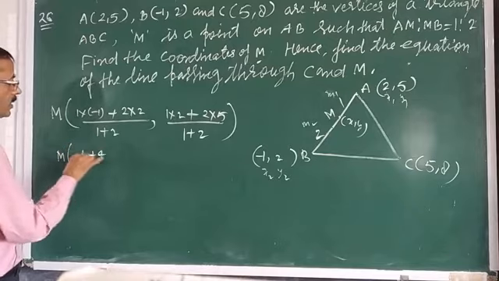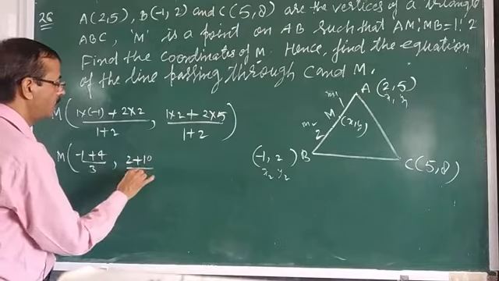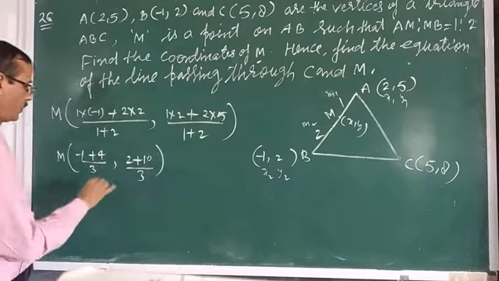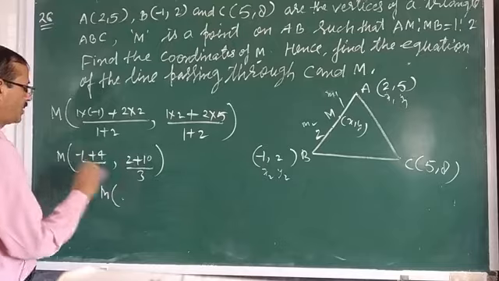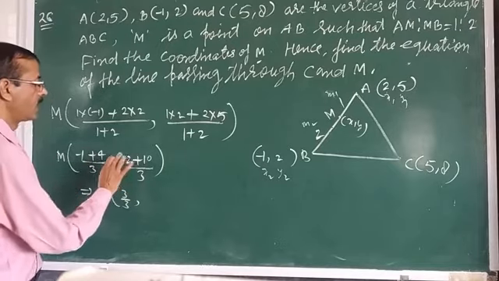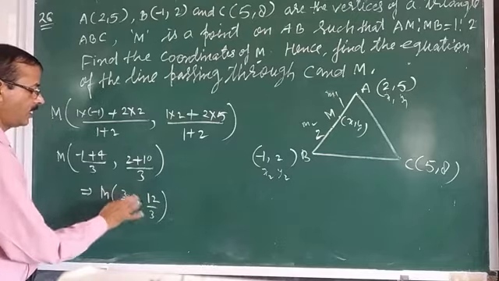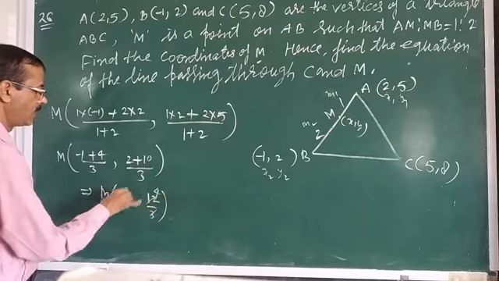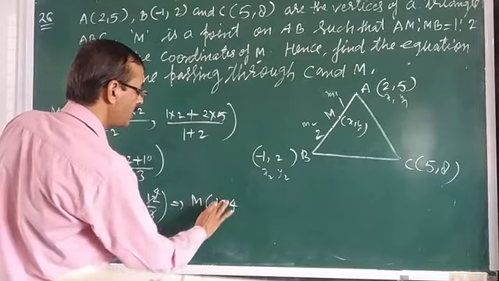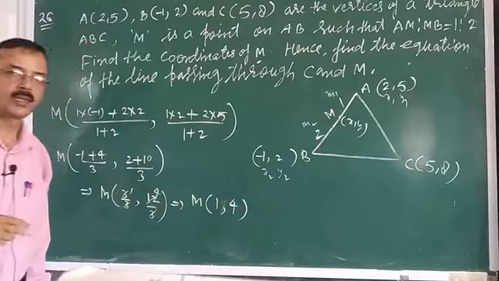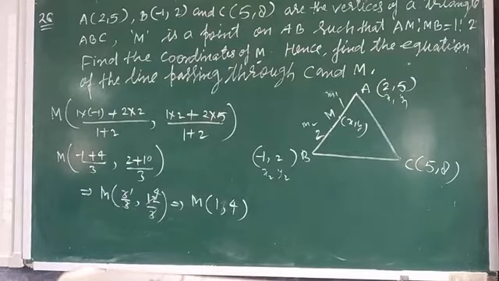Minus 1 plus 4 is 3, and 2 plus 10 is 12, upon 3. So 3 by 3 cancels to 1, and 12 by 3 is 4. So your coordinate came (1, 4), right? This is the coordinate of M which lies on the line AB.